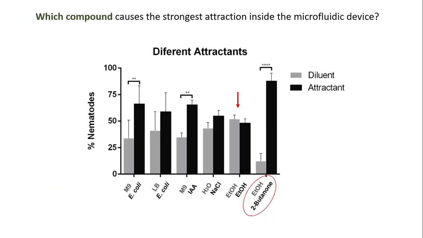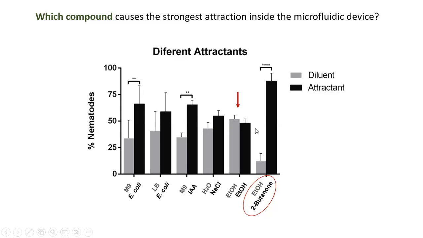At this point, we established 2 questions. The first one: which compounds cause the strongest attraction inside the microfluidic device? To answer this question, we tested some attractants confronted with the diluent. The attractants were E. coli, hexanol, sodium chloride, and 2-butanol.